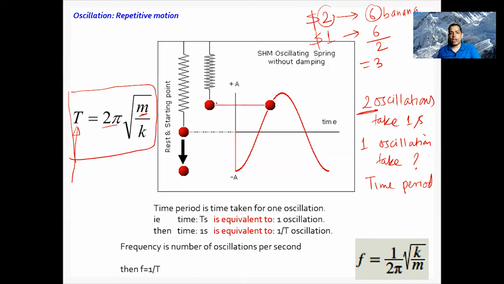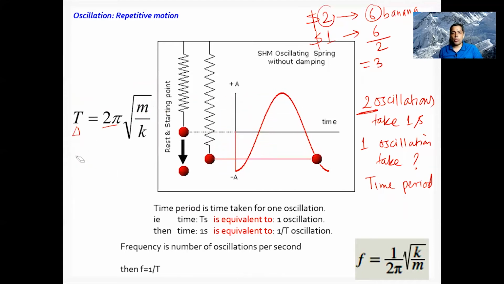As compared to the hanging object here, the mass of the spring is very light. That's why we can simply neglect the mass of the spring. So in this case, m is the mass of the oscillating object, in this case the red object, and k is the property of the spring, and that is constant for a particular spring.